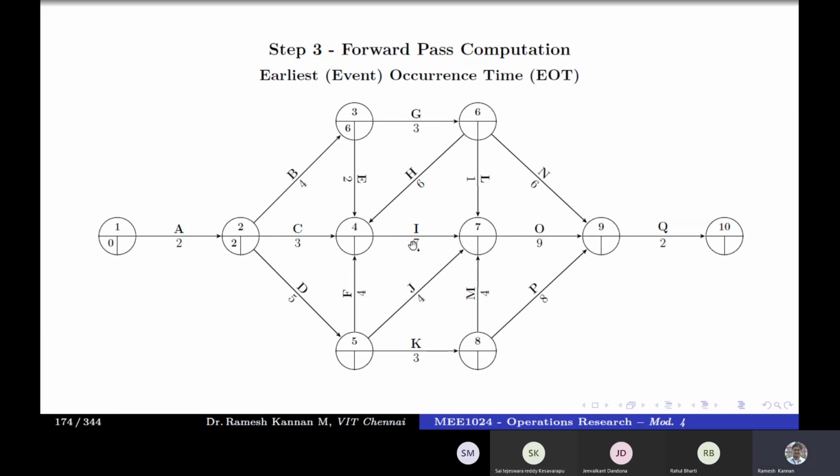I is the leaving one, so it is not projecting to it. So C, E, H, and F all should be completed. Then only event 4 should start. Say for example, here it is 6 plus 2. No, it is not 8. Or 2 plus 3, it is not 5. We need to find this and this.